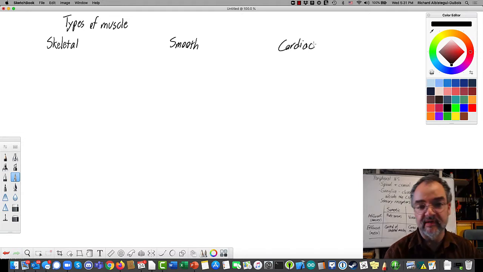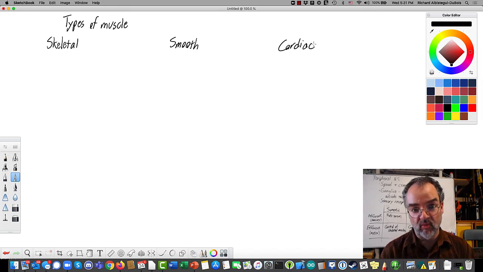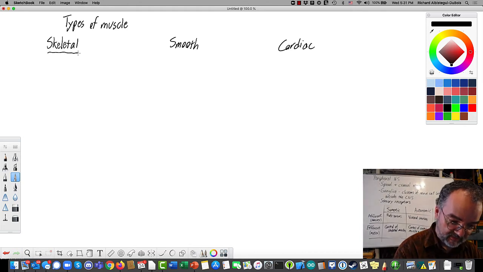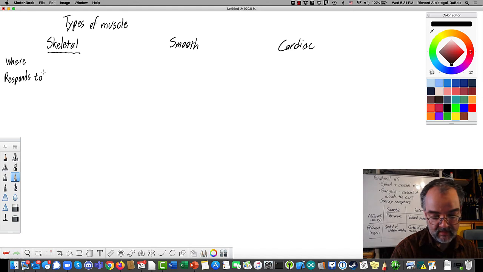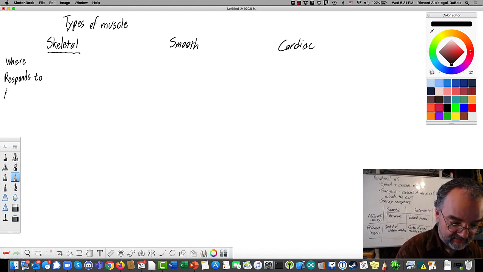We're going to talk a little bit about each of these and what makes each one special, what makes each one different from the others. So let's first talk about skeletal. And for each one, we're going to talk about where it's found, what makes it contract, what it responds to, what it looks like.